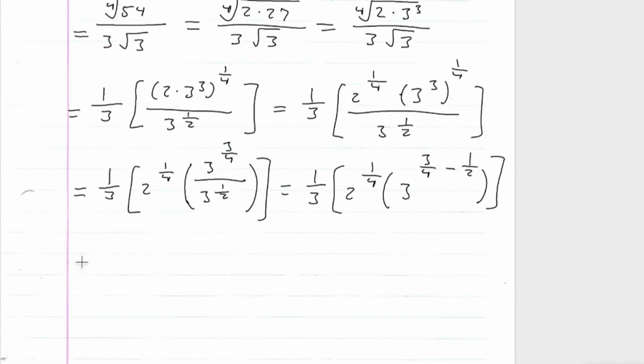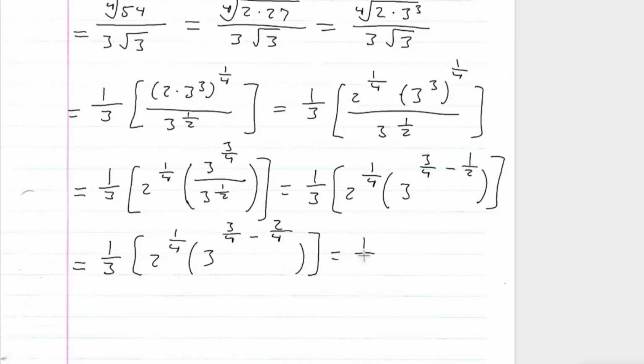So now this is equal to 1/3 times 2 to the 1/4. And then we have to find a common denominator here. So this is the same thing as 3 to the 3/4 minus 2/4, right? 2/4 is the same thing as 1/2, but now we have a common denominator.